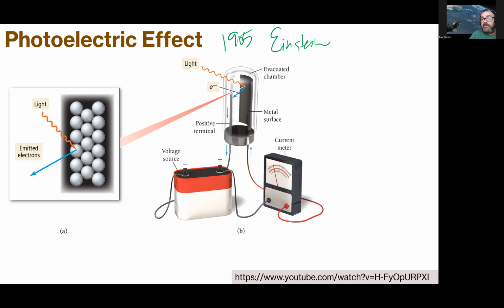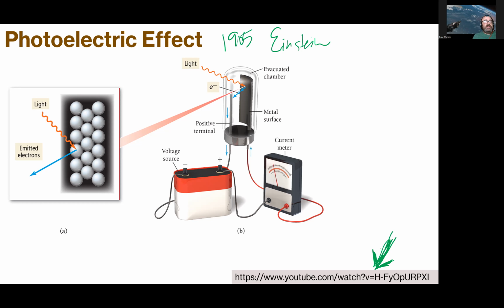I have a YouTube link here for a more detailed description of the photoelectric effect, because this is one of those things where I'll accept that it's true, but we'll let someone else handle the nitty gritty. Essentially, in a photoelectric effect, if you shine light on a metal surface, the light will eject an electron out of the atoms on the metal surface. This has a lot of interesting uses as far as technology goes, but it really wasn't understood too terribly much.